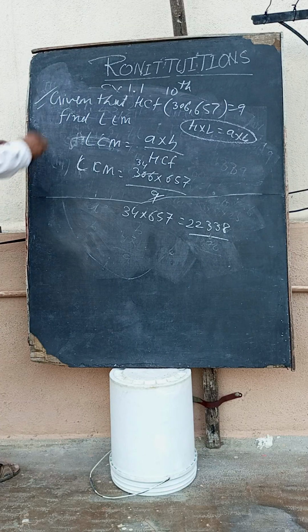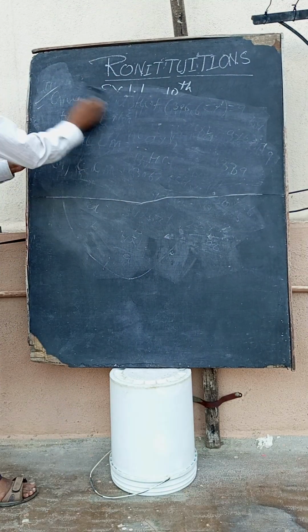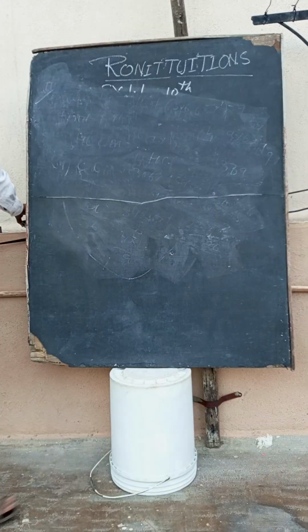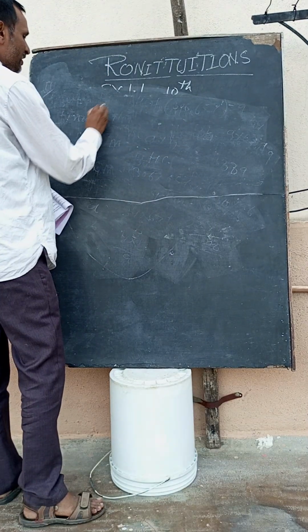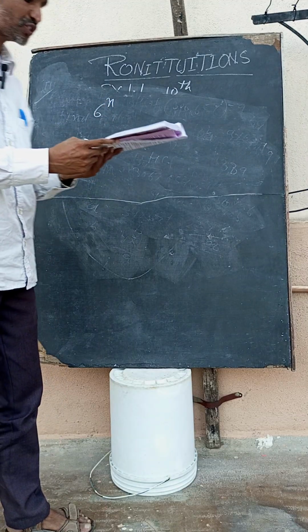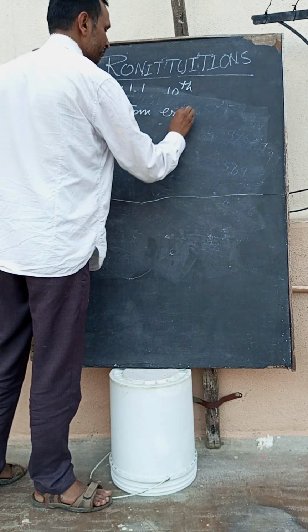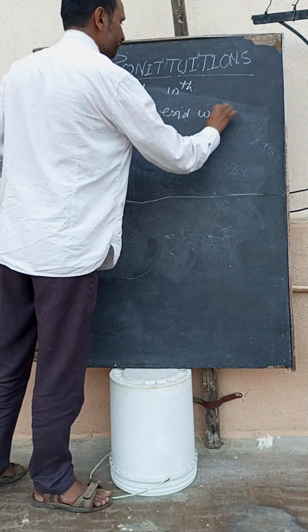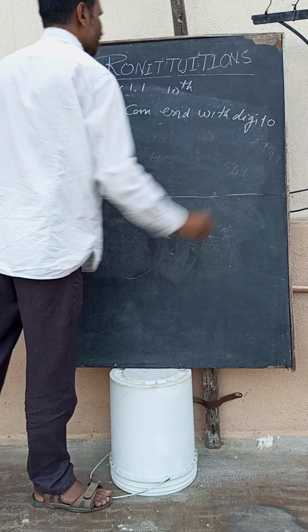Now question number 5 is given. Check whether 6 to the power n can end with the digit 0. It is asked whether the digit 0 comes or not.